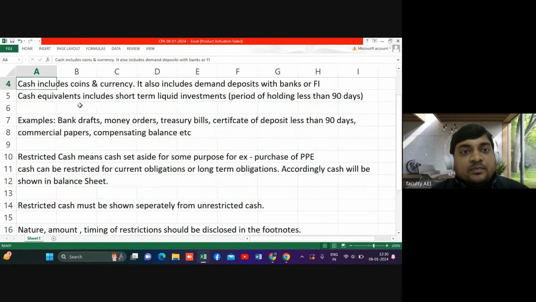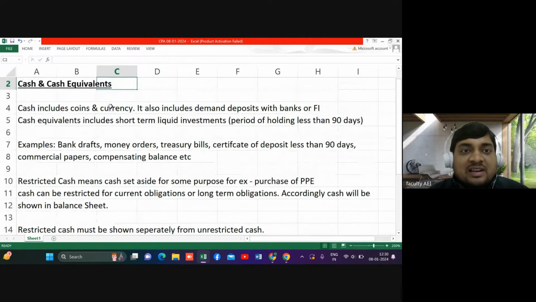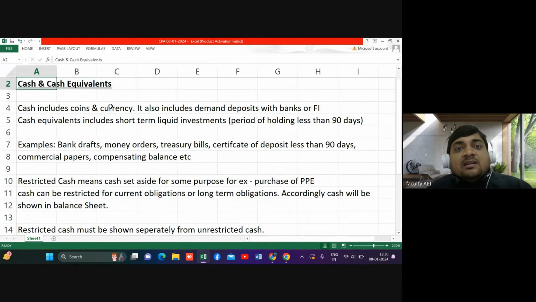Right. So let me quickly brief you what we have done as of now. We are studying items of current asset, and we have started with the first item, that is cash and cash equivalent. So cash basically means coins and currencies. It also includes demand deposits kept with any bank or financial institution. Cash equivalent means short-term liquid investments, period of holding less than 90 days.